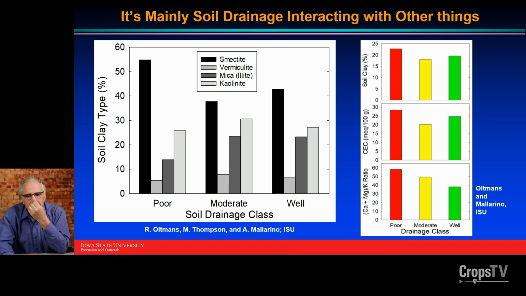Over the last couple of years, there has been lots of talk. The wind coming from the north is bringing lots of mention of mineralogy, mainly from North Dakota and lately from Minnesota. What happened is that in North Dakota, about 3, 4, 5 years ago, Dave Franzen and collaborators found that they have very different soils with different clay types.